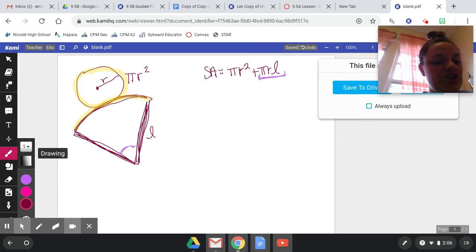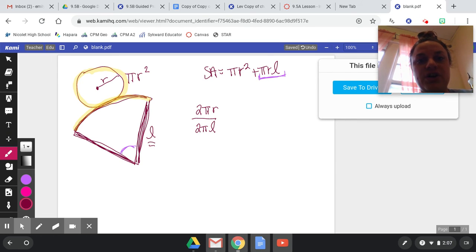So I'm going to use the ratios there to help me solve for this second part of the formula. The circumference of the smaller circle would be 2 pi r. The circumference of the larger circle would be 2 pi l, because l is my radius of that larger circle. So instead of using the ratio of the angles, I'm using the ratio of the circumferences, and then I would multiply that by pi l squared, because l is the radius of the larger circle.